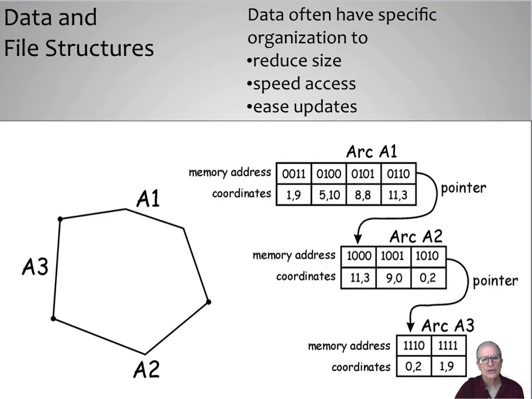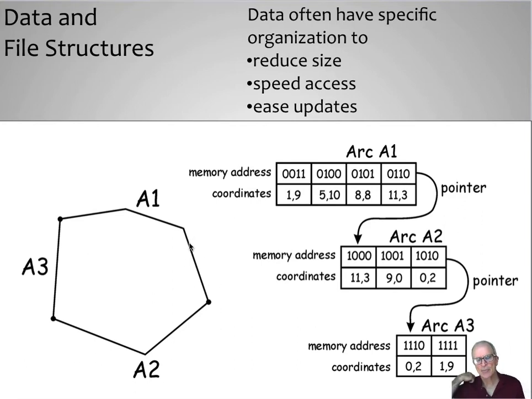I talked earlier about this data and file structures, about the stuff that's hidden underneath. The reason we hide all this stuff underneath is to increase organization, reduce size, and speed access. We have an arc that may be represented by a lot of points.